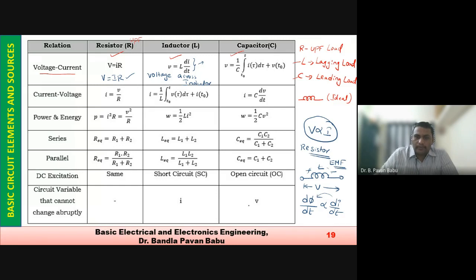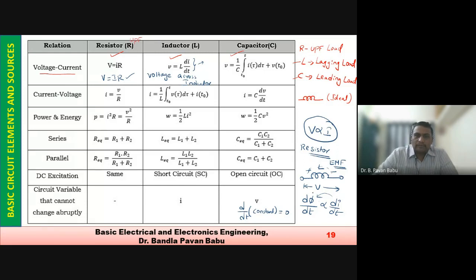Otherwise, d by dt of a constant is 0. If the flux remains constant, the current remains constant. This happens in case of DC, so let me explain in detail about DC supply and AC supply.